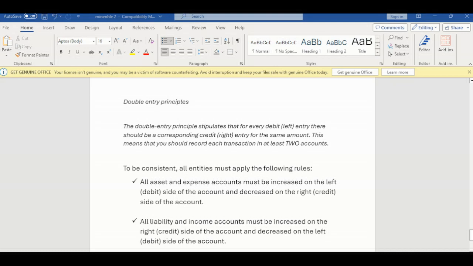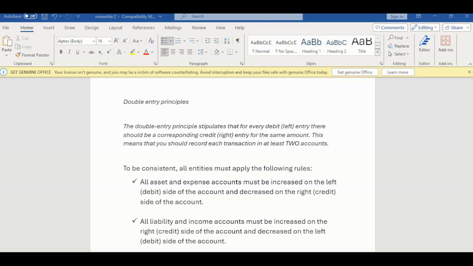This is the last thing we do. The double entry principle. Okay, I'll just explain a few things. It stipulates that for every debit or left entry, there should be a corresponding credit or right entry for the same amount. This means that you should record each transaction in at least two accounts.